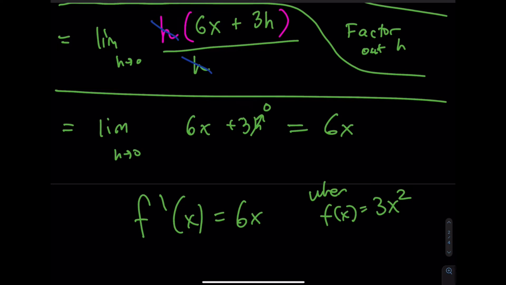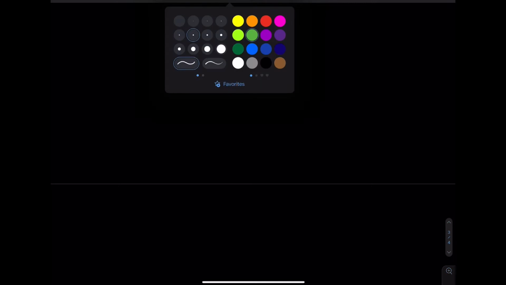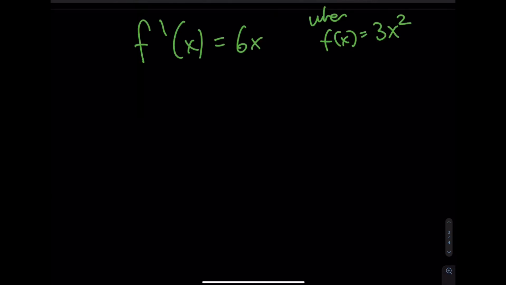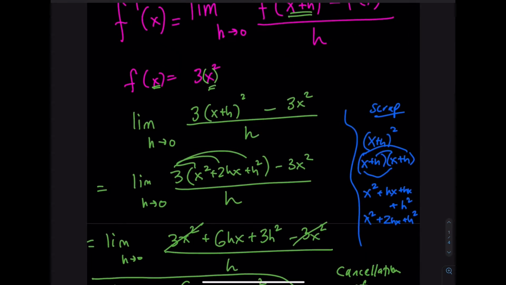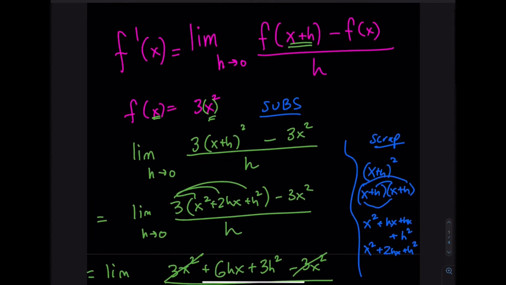All right, now let's take a peek at a square root function. We're going to do the same sort of process. Let me just highlight that process again. What we'll do is substitute: we plugged in the x plus h for x using the limit definition of the derivative.